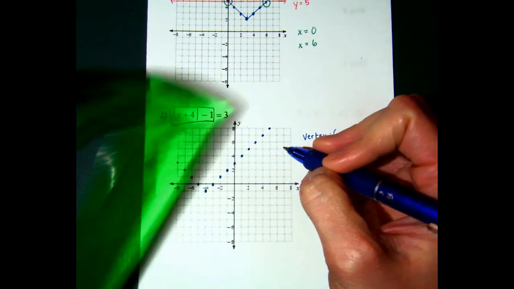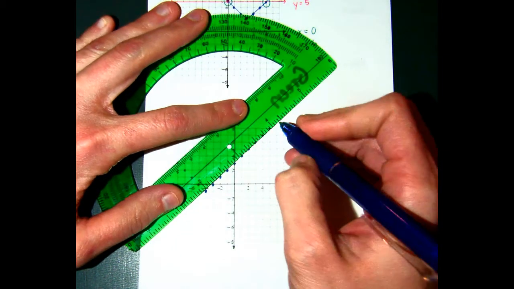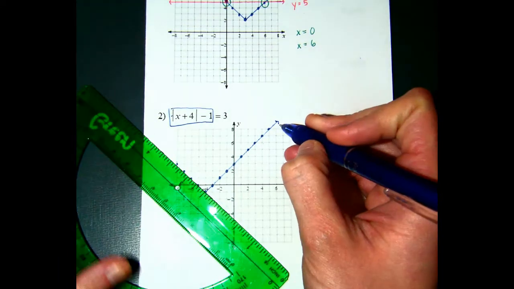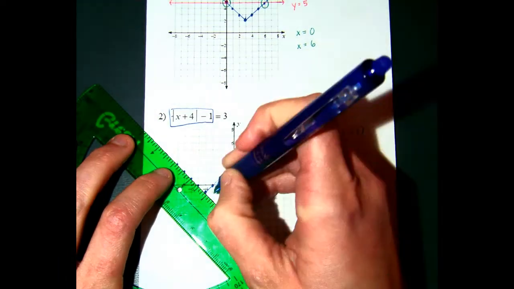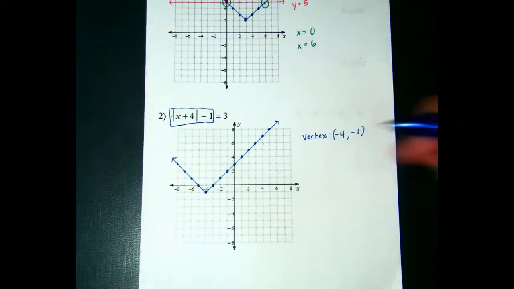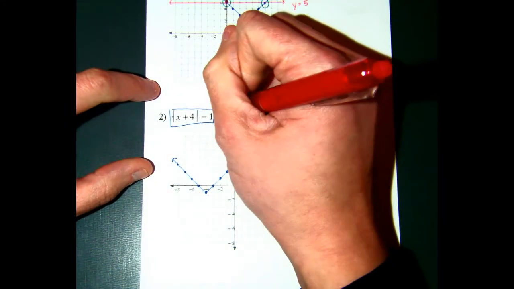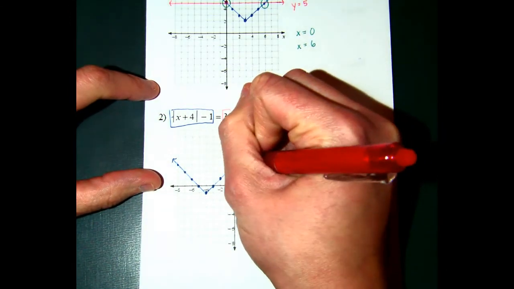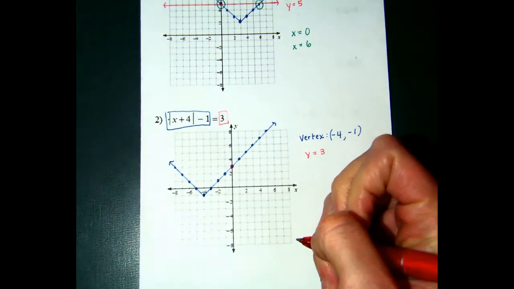So we have covered the entire graph again. It's always a good idea to do that. And likewise, we have this 3 over here. It's the same as y equals 3. So we're going to go to 3. We've got a point that meets already right there.